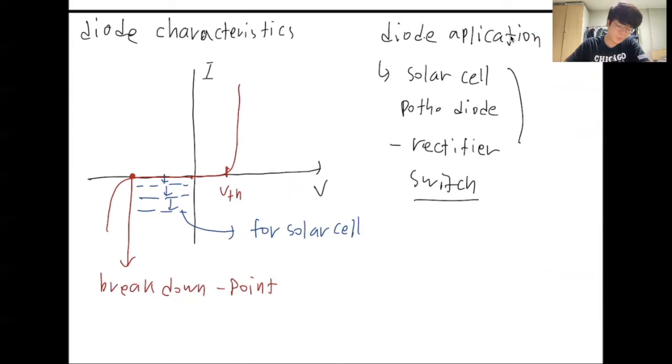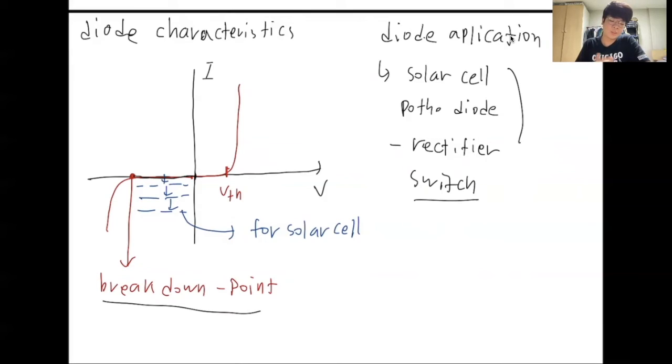If no bias voltage is applied, then the current will not flow. And if we reverse bias the diode, then the current will not flow until the breakdown point. At the breakdown point, the semiconductor can break down because of the avalanche effect and the tunneling effect.